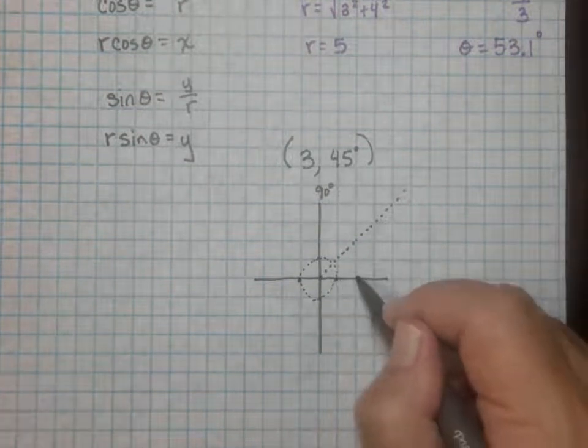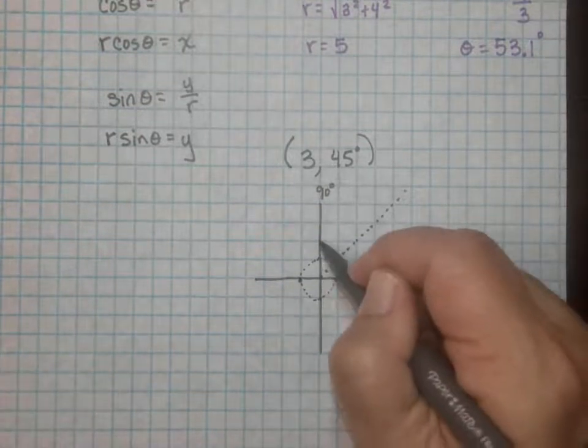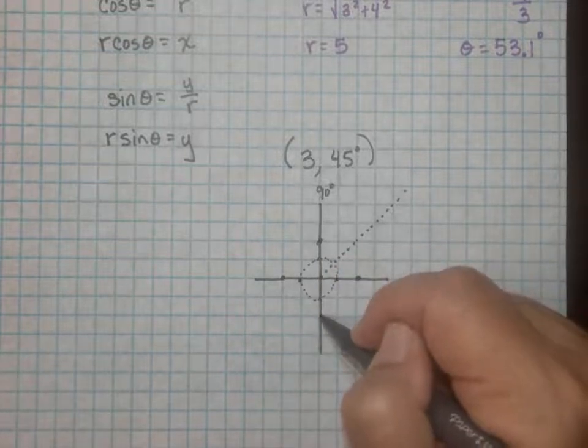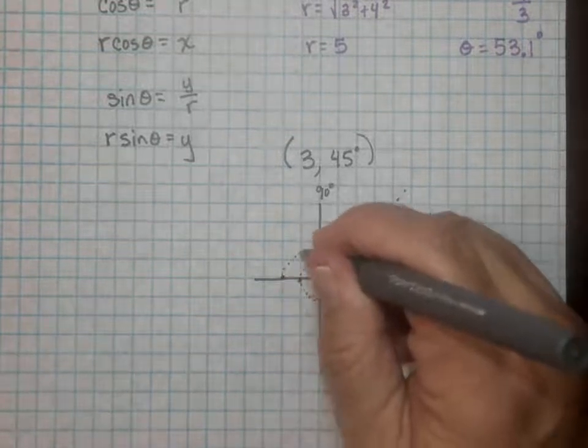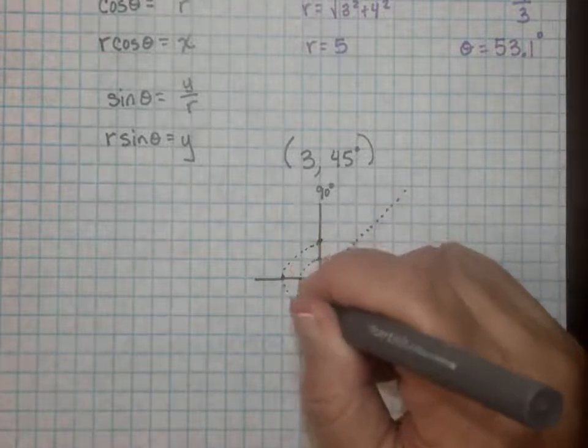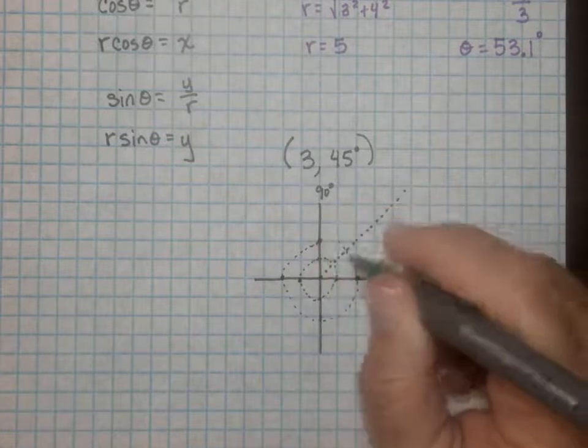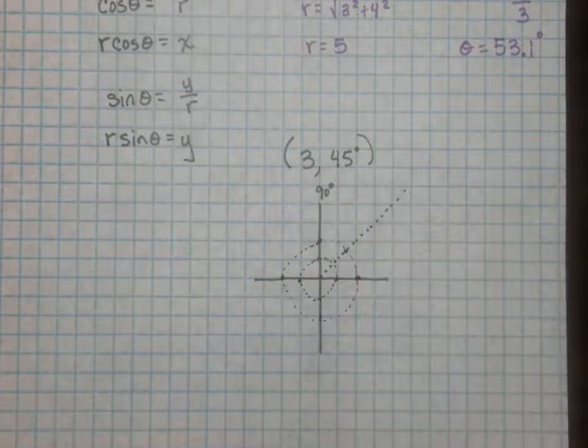If I go out to radius 2, there's where 2 is.